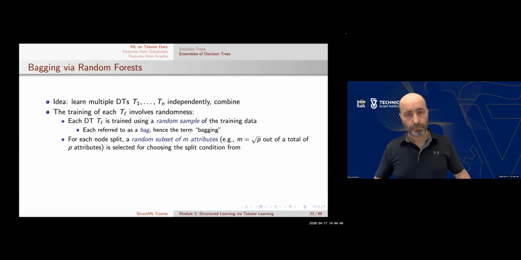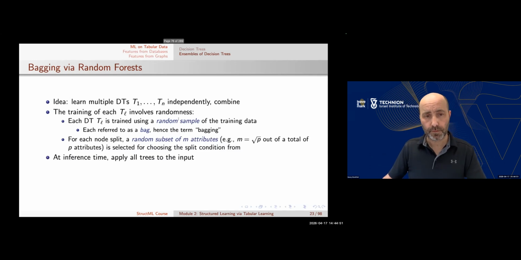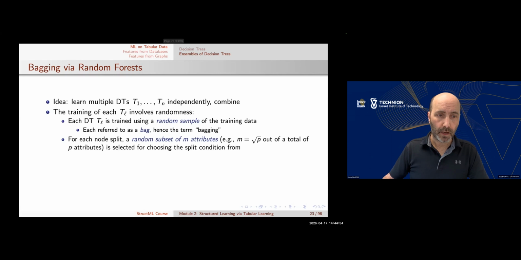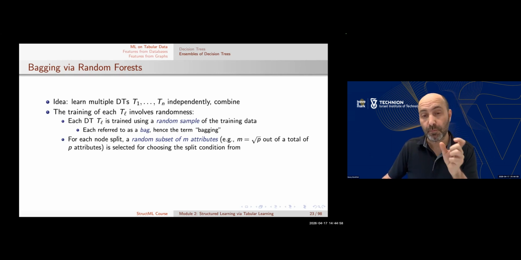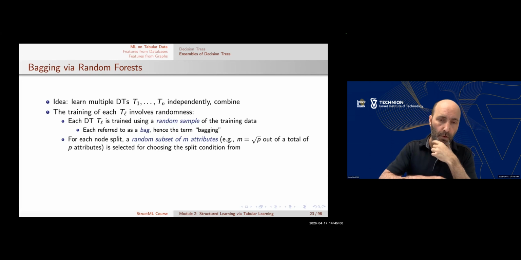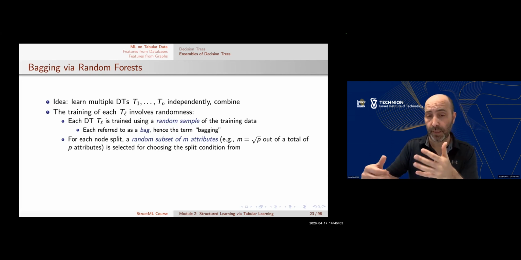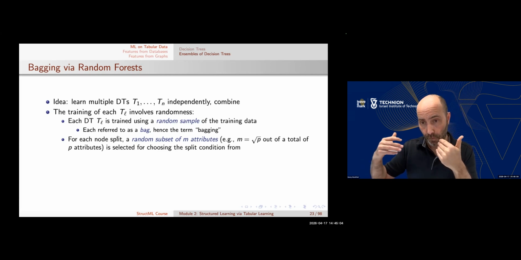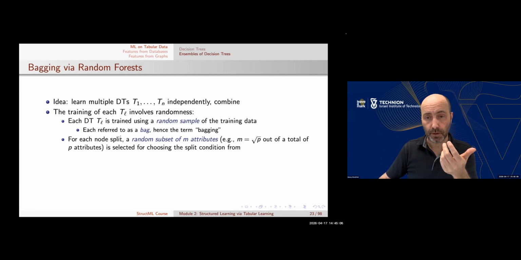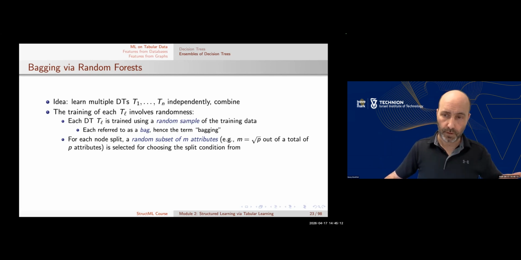Okay. Now, in addition to using a random sample, when we split a node, we do not look at all of the attributes for a candidate of the splitting condition, but rather first choose m random attributes, like the square root of the total number of attributes, and choose from them.